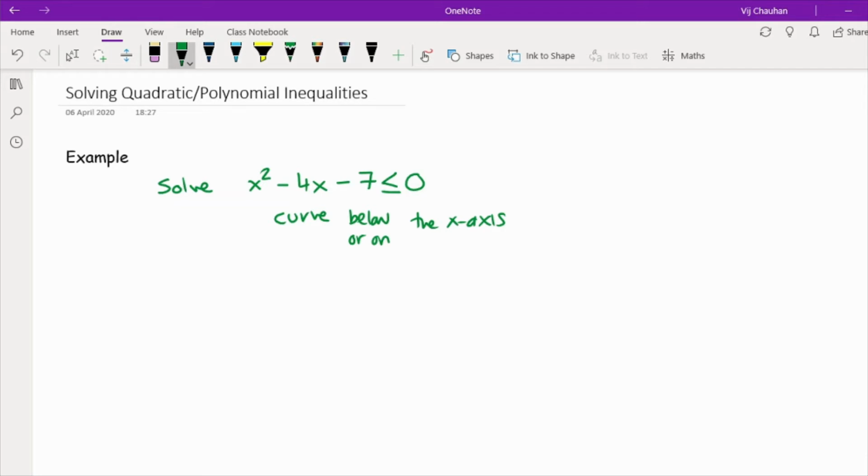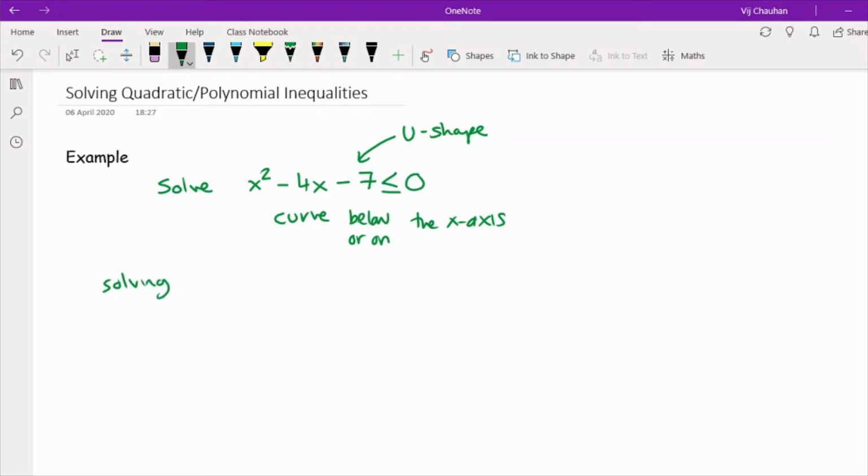So translating this question into words, I'm looking for the region where the curve is below or on, and the reason why it's on is because it can equal that, and the 0 represents the x-axis. Now if I was to go on to solve this equation, I would probably have to use the quadratic formula if it doesn't factorise, but thankfully we do get an answer.